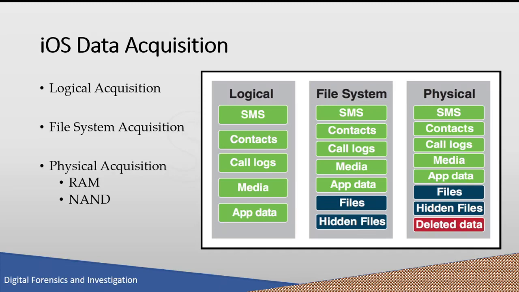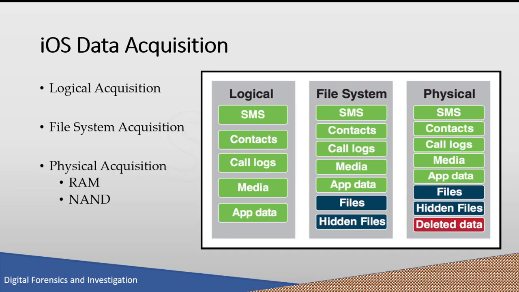A logical acquisition is the fastest, easiest, and cheapest way to gain access to the data stored on an iOS device. There are a variety of tools, from commercial to free, that are capable of capturing logical images, and most of them require that the device be unlocked or that the plist file on the host machine be easily available.